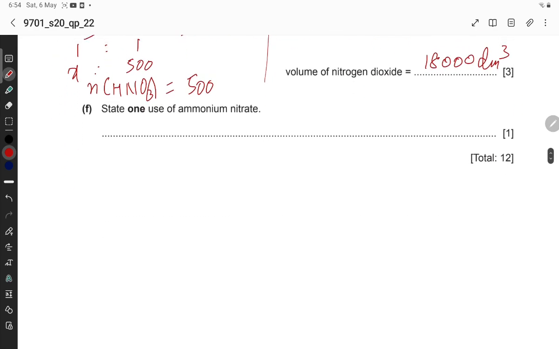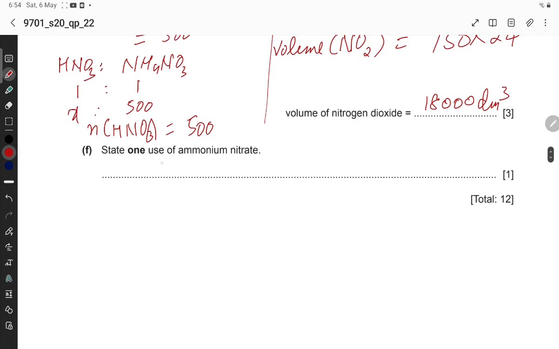Stage 1, use of ammonium nitrate: it is used as a fertilizer.